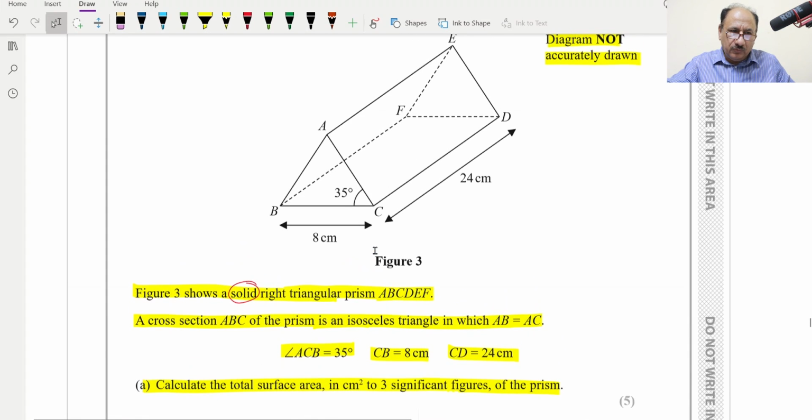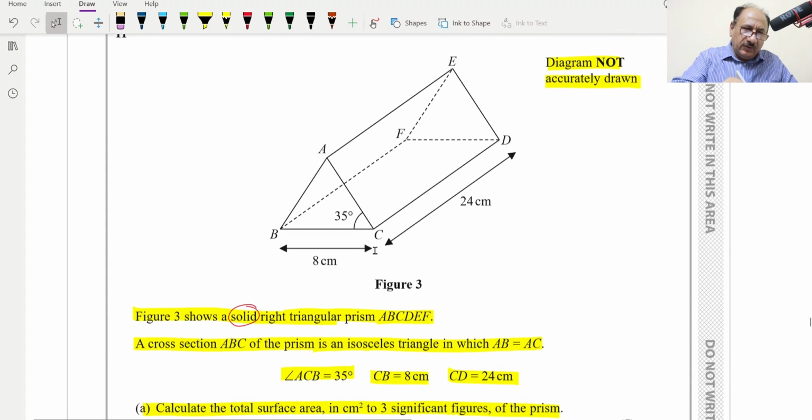First of all, we will draw this one over here, and we will consider this smaller triangle, which is a right angle triangle, so we can apply trigonometry on it. Half the side up to this point will be 4, and this angle is 35, because this side is equal to this side.